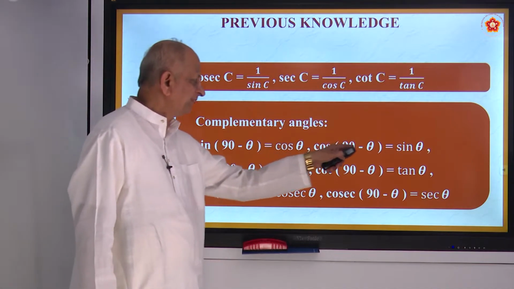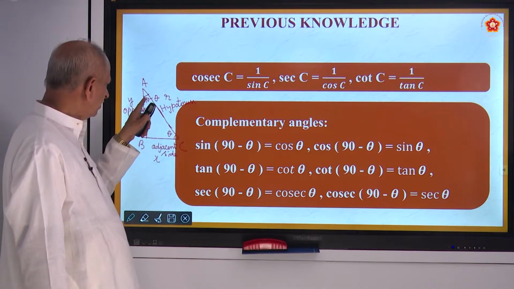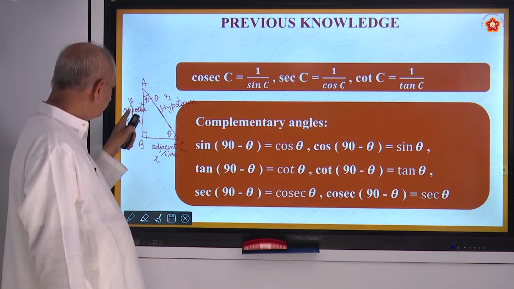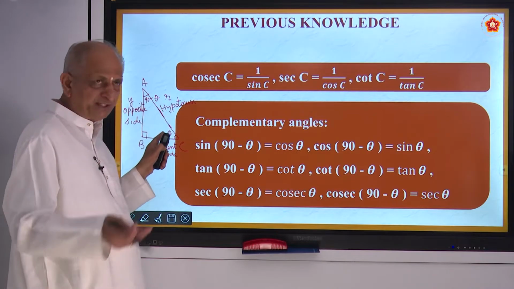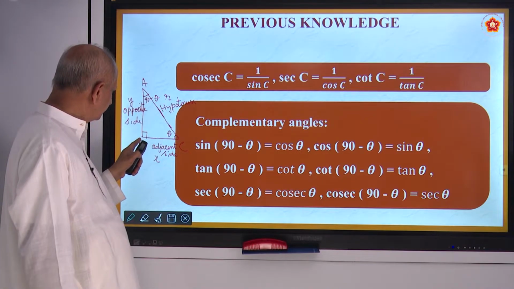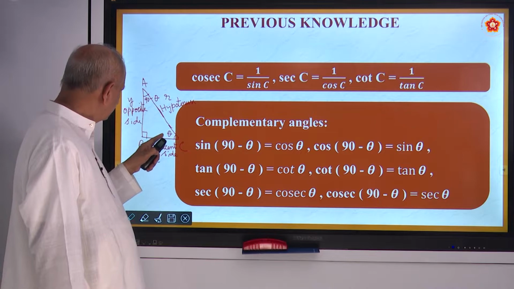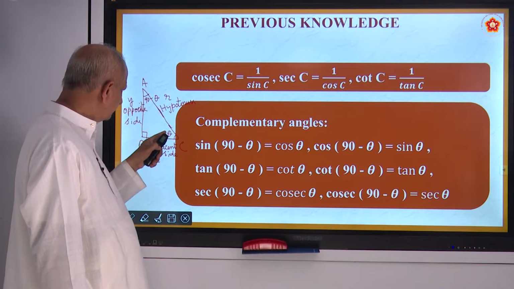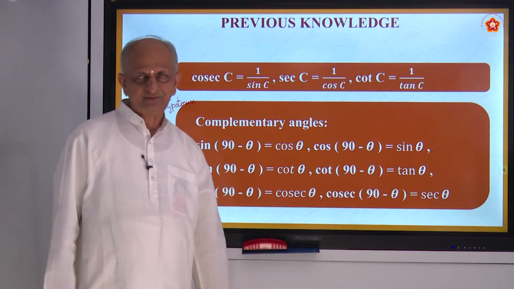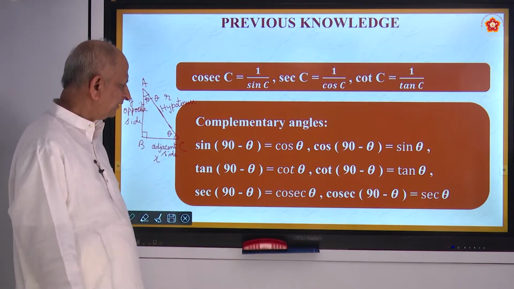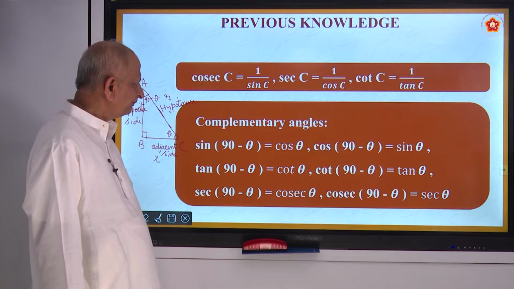Similarly, cos of 90 minus theta is adjacent side by hypotenuse. The adjacent side to 90 minus theta is the opposite side of theta. Therefore, it becomes sin theta. Like that, we already studied this. Just for reminder, it is brought here.